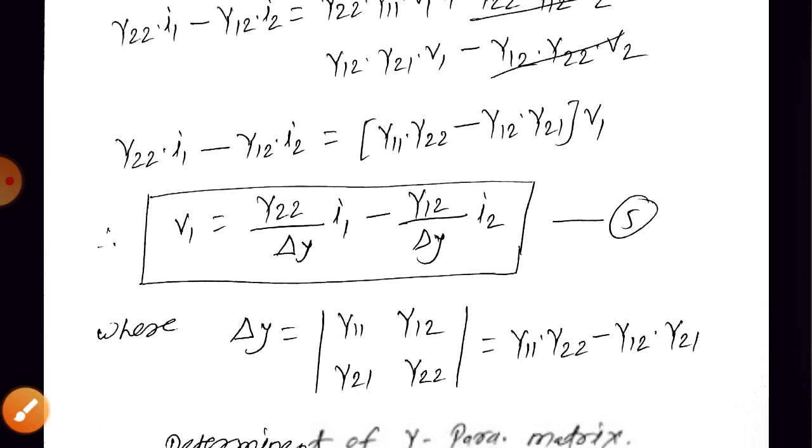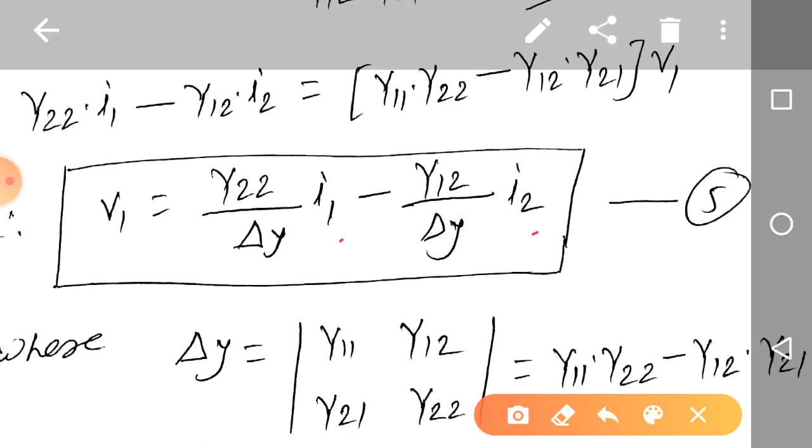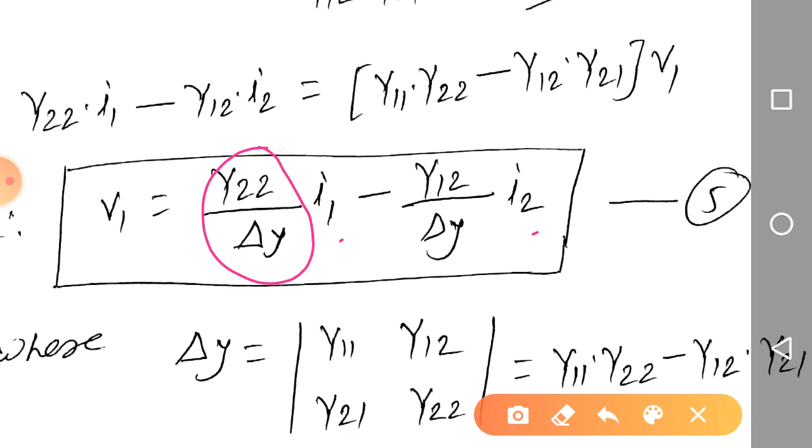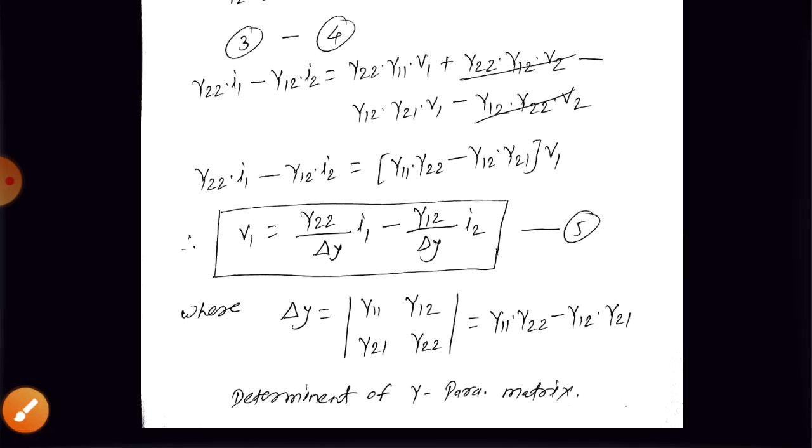So this is the expression for V1 in terms of I1 and I2. So V1 is equal to Z11 I1 plus Z12 I2. What is Z11? Z11 is Y22 by delta Y. Z12 is minus Y12 upon delta Y. So this is about Z11 and Z12.